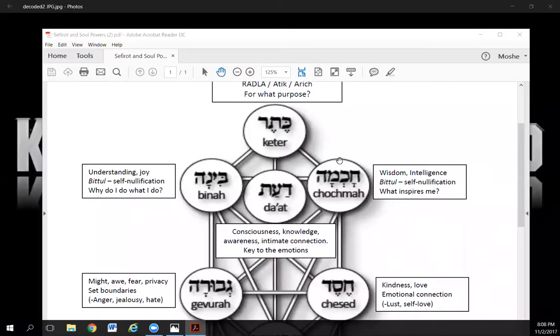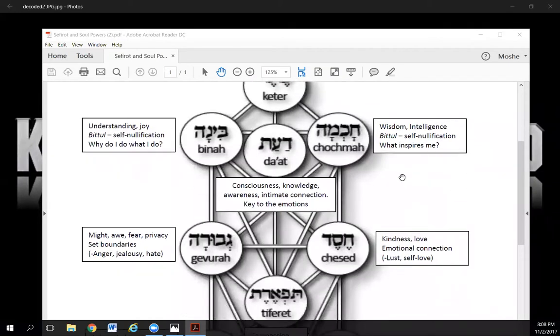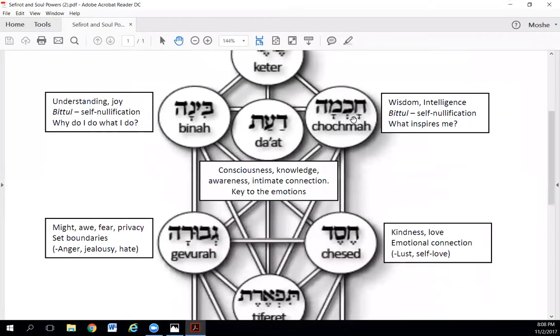So the Sphira of Chochmah is called Abba. Abba literally means a father. Why? Because the function of the Sphira of Chochmah is comparable to the function of a father in a family.